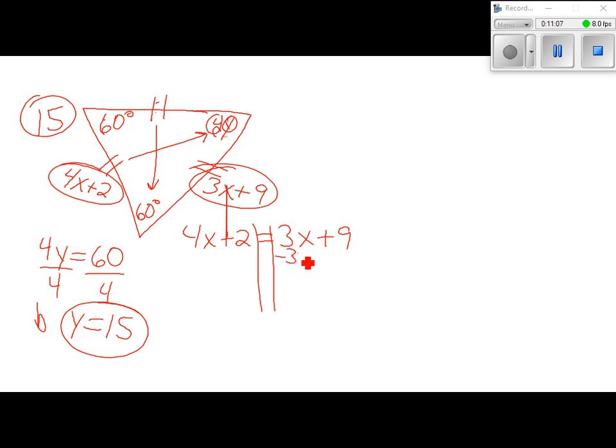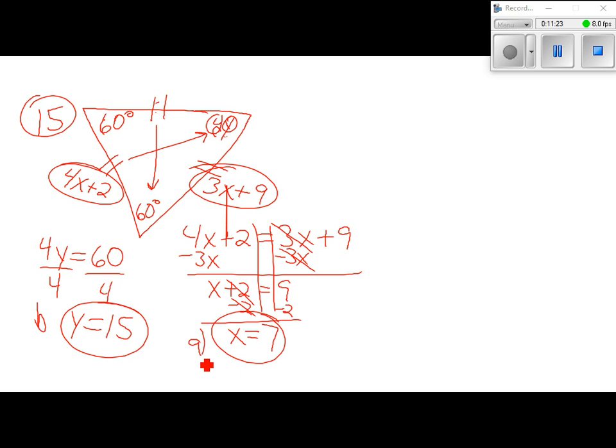Subtract 3x on both sides. What's that leave us with? x plus 2 equals 9. Now what? X equals 7. And that was the answer to A, I think, wasn't it?